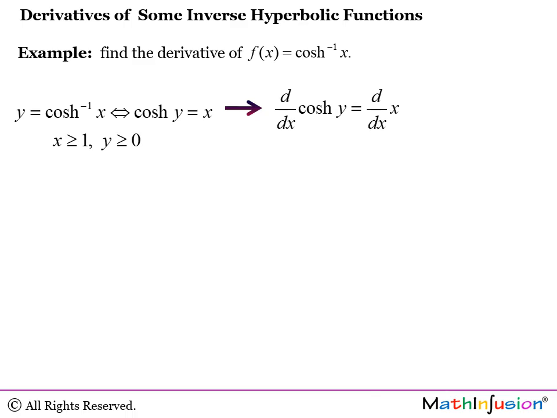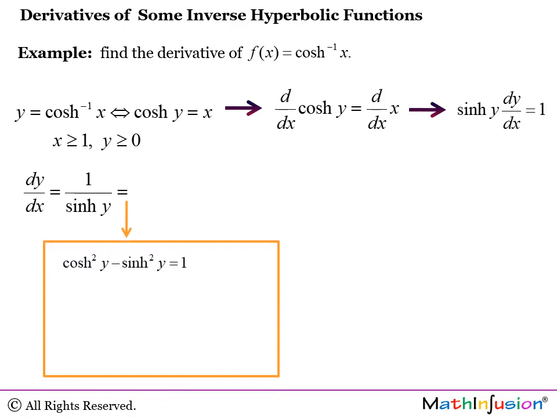I'm going to take implicit differentiation of that. So we need to find d dx of cosine hyperbolic y, which equals d dx of x. And we get that sine hyperbolic y dy dx equals 1. dy dx then is 1 over sine hyperbolic y.